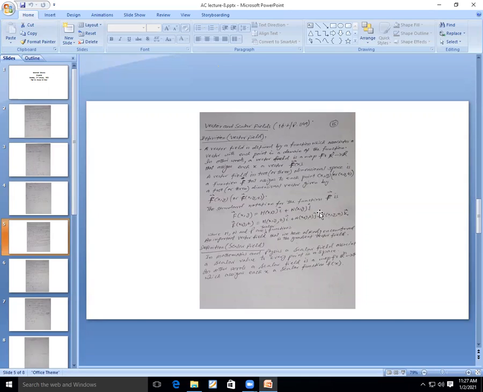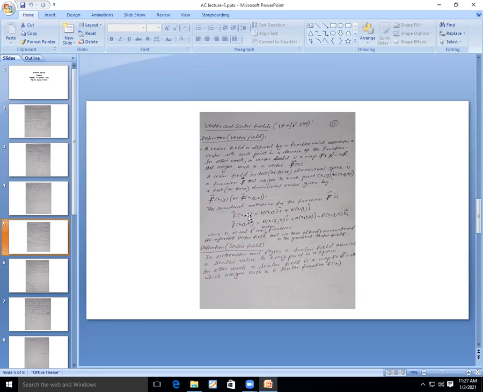Now, which vectors are these i, j, k? These are unit vectors. But also remember that here M, N, and P are themselves scalar functions in two variables or in three variables.